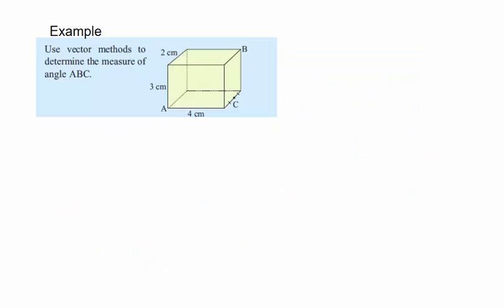Use vector methods to determine the measure of angle ABC. So it looks like we are finding this angle here, and what you need to be able to visualize is that this is going from the back top right corner to the front bottom left, and then here along the side.